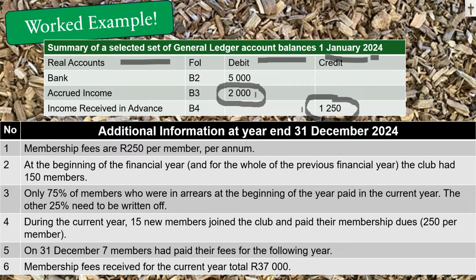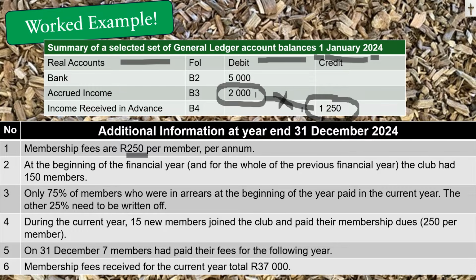On the first day of the new year, which is 1st of January 2024, these two amounts here need to be reversed and put into the membership fees account correctly. I will show you how to do that. Then you get this information.